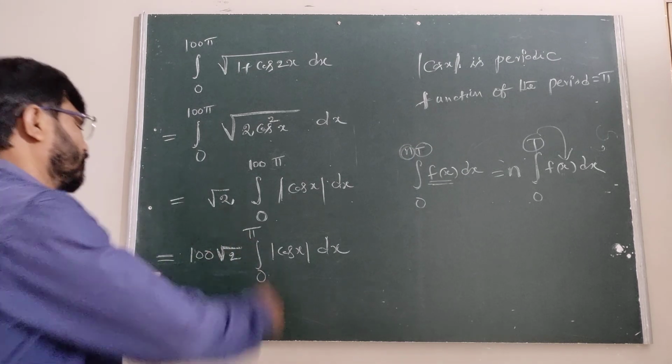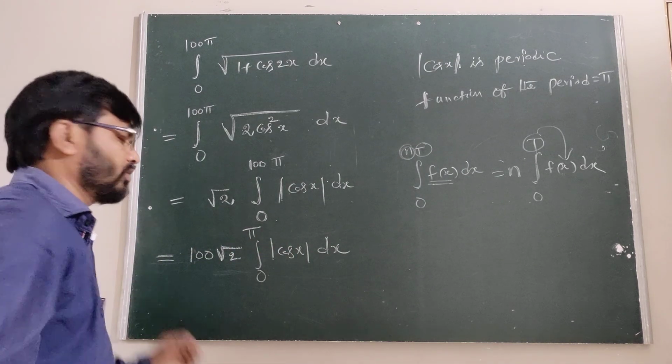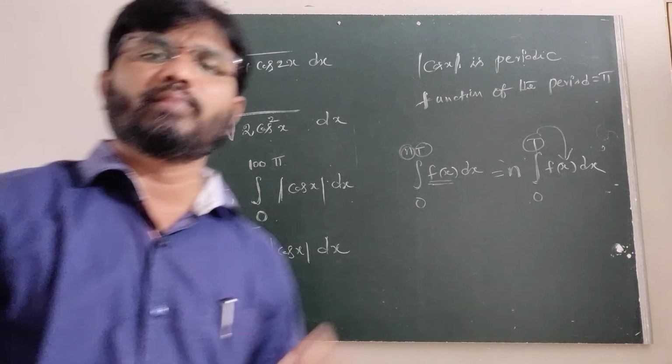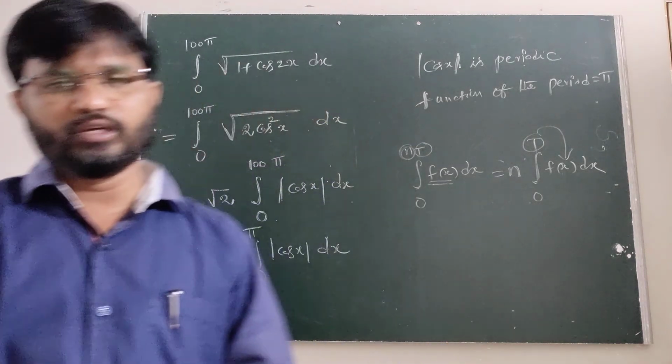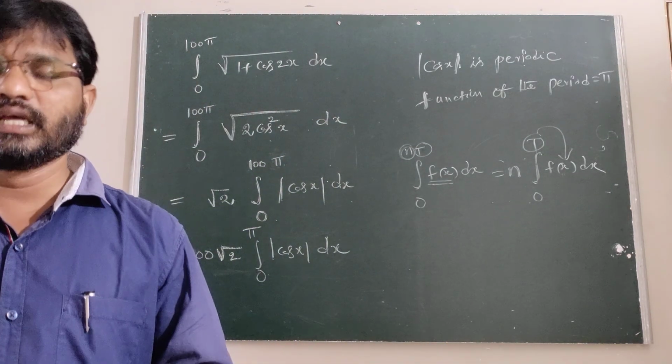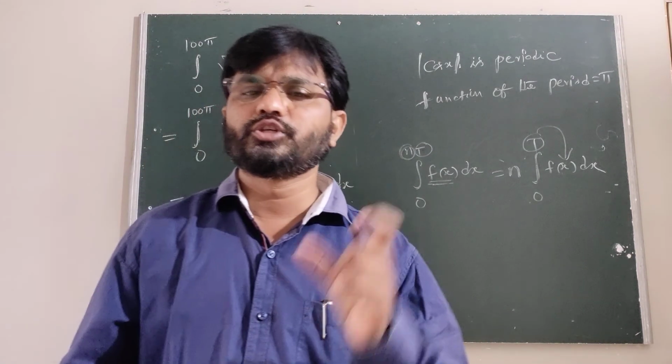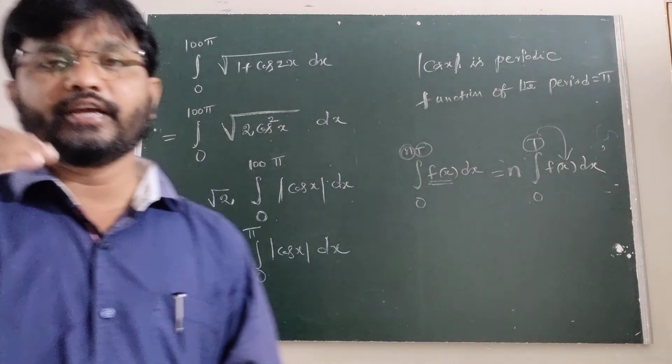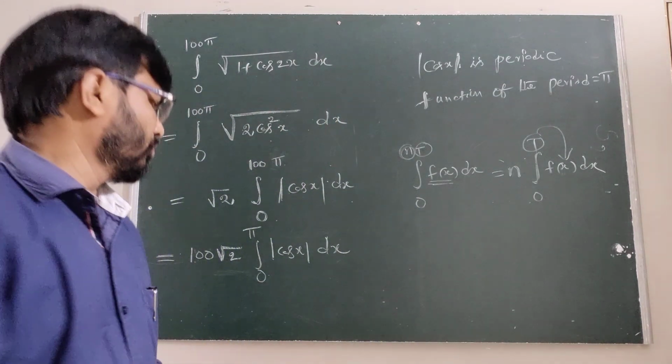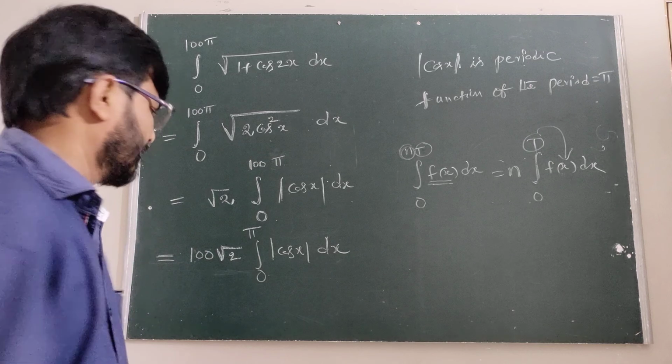Now we have to find the integral of the mod of cos x. Modulus means plus or minus. Cos between 0 and 90 degrees is positive, and between 90 and 180 it is negative. Therefore we can split it into two integrals.